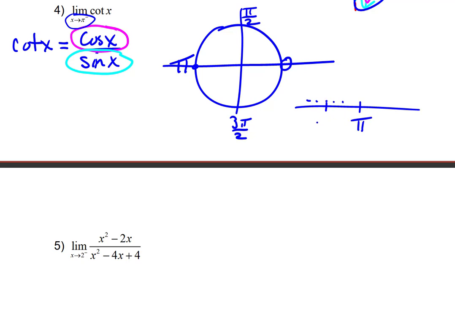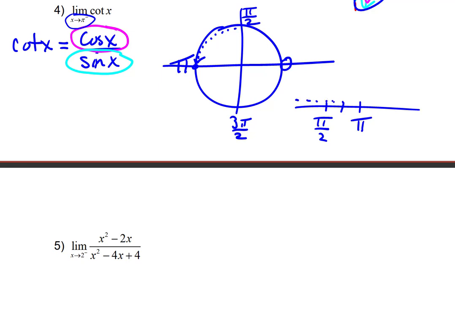I mean, somewhere to the left of pi would be pi over 2, eventually pi over 4, and so on. I'm approaching it from the left, which means I'm walking through these values that are less than pi. Well, now think of the unit circle and where that occurs. That means I'm actually walking my way counterclockwise around this circle toward pi, which is the left side of it.